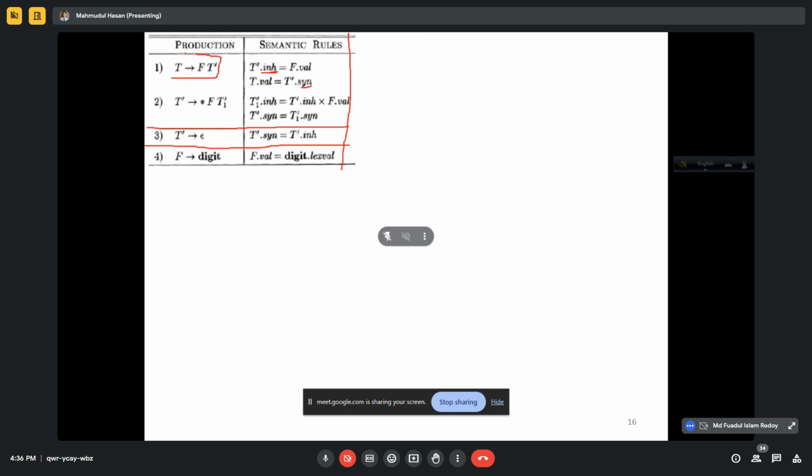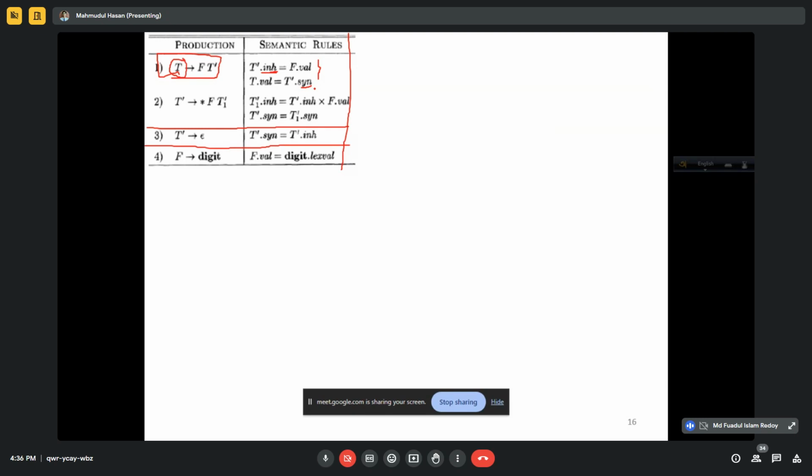This one is the indicator of parent and child. Here T is the parent, F and T dash are the children of T, and F and T dash are siblings of each other. This arrow is not an indicator of parent and child. This one just indicates the direction, from where the value goes to where.